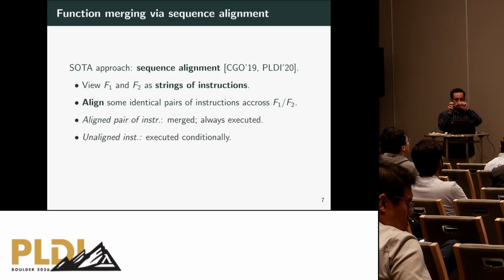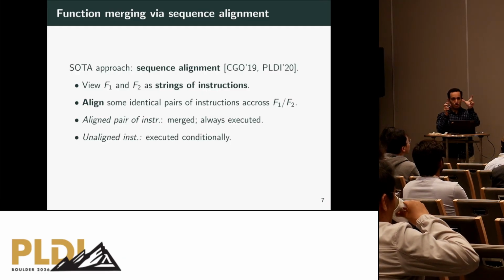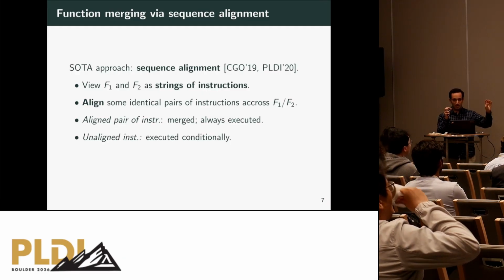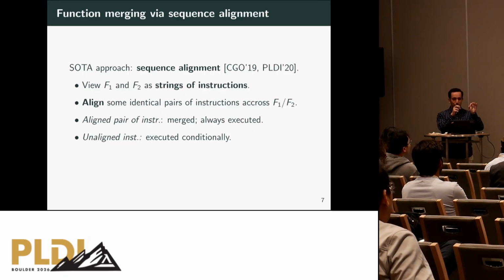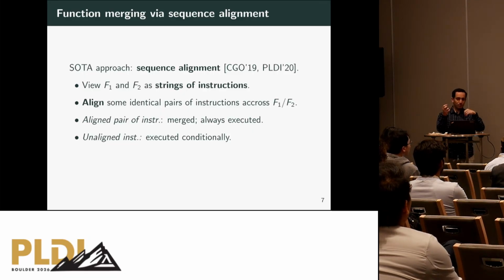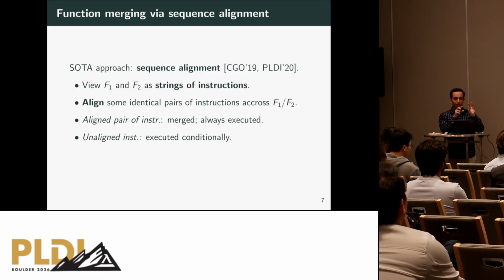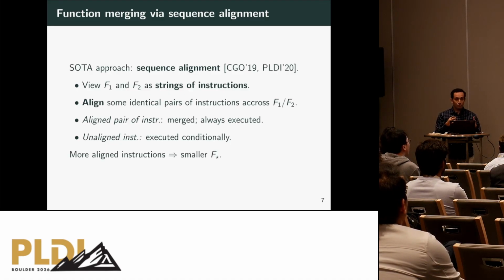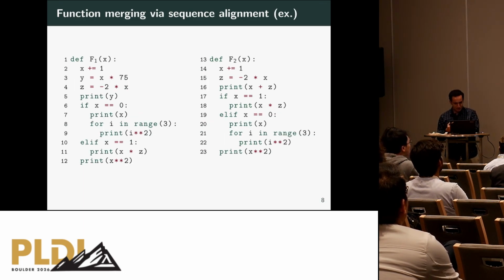After that, for the aligned pairs, you just merge them into one and maintain one copy in your function. And for other instructions that, say, appear only in f1 but not in f2, you put them under a condition so that they are only executed when you're simulating f1. And of course, the more aligned instructions we have, the more merging we do, and the smaller the merged function is.